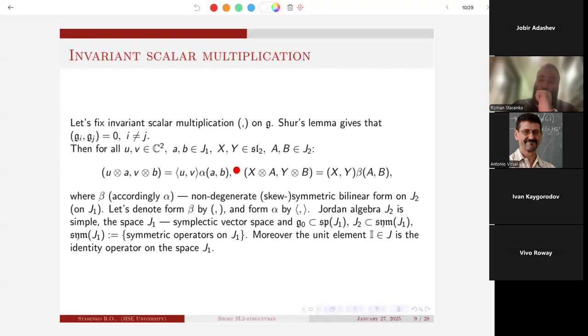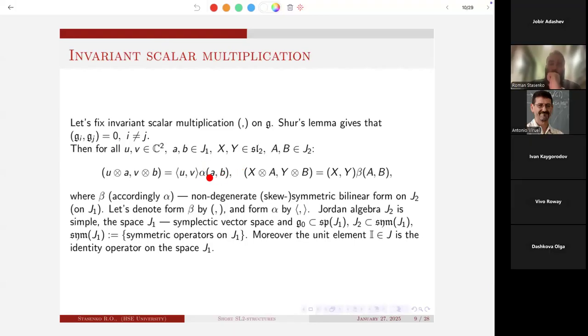On the space G1, the scalar multiplication, which is alpha, is non-degenerate but skew symmetric. And on the space J2, the scalar multiplication is always non-degenerate but symmetric. So let's denote by the parentheses the scalar multiplication beta, and by this bracket the scalar multiplication alpha.